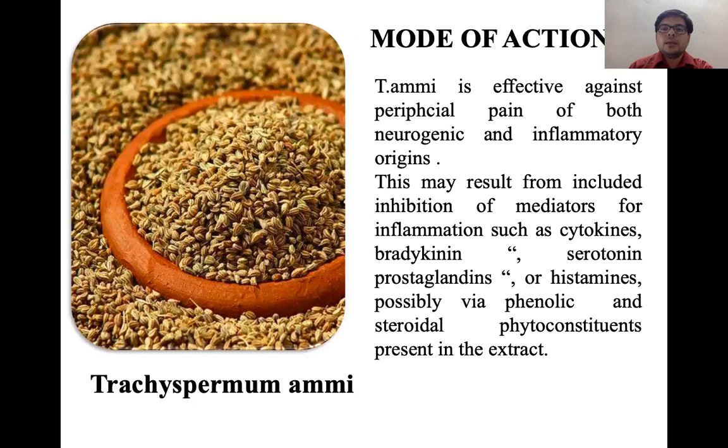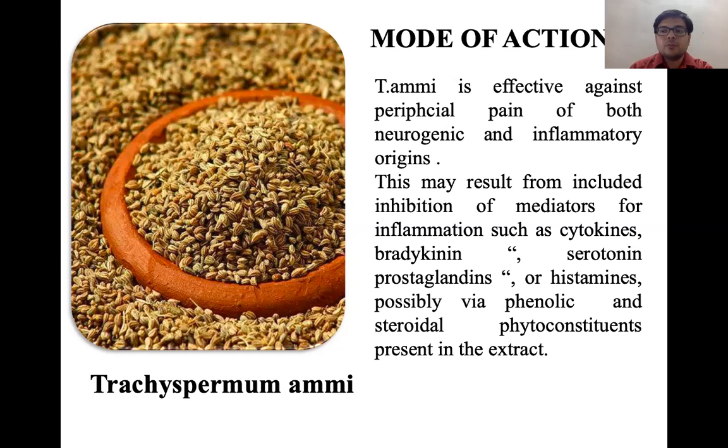Now, we have two very effective home remedies, both of which we can get from our kitchen. One is Trachyspermum ammi, which we call Ajmoda, and it is very effective against peripheral pain of both neurogenic and inflammatory origin.